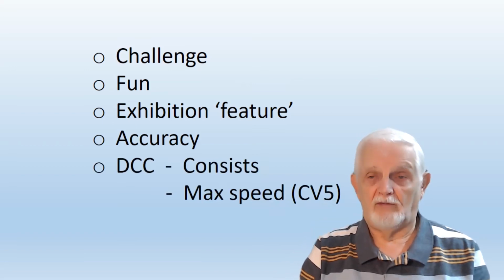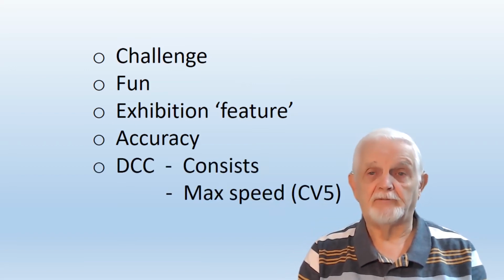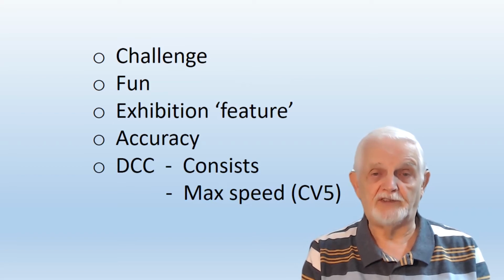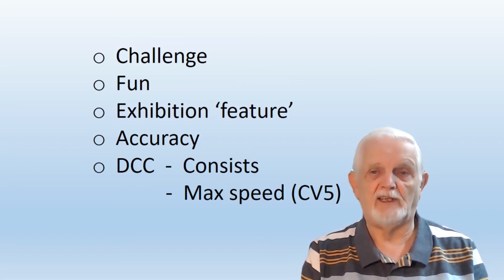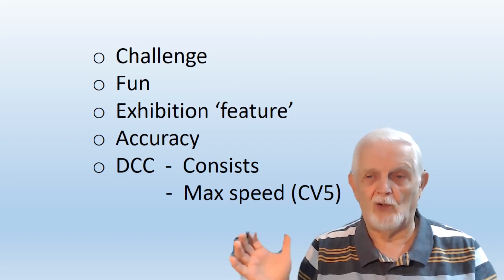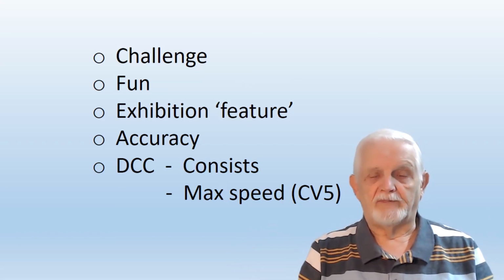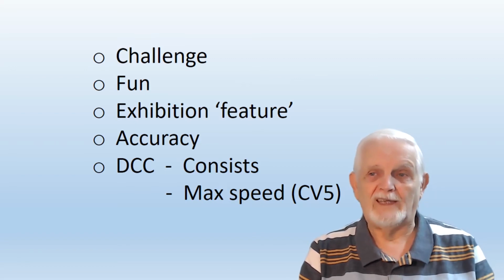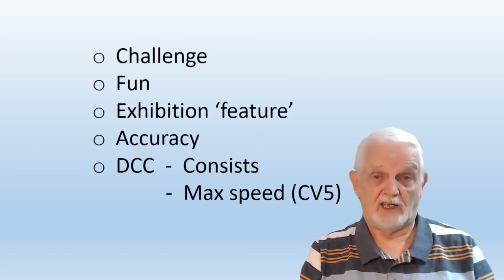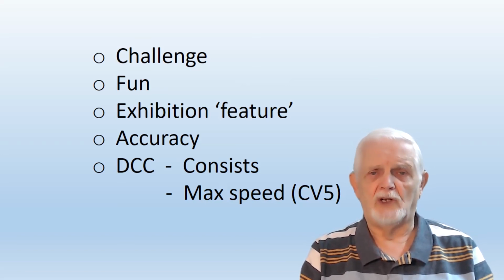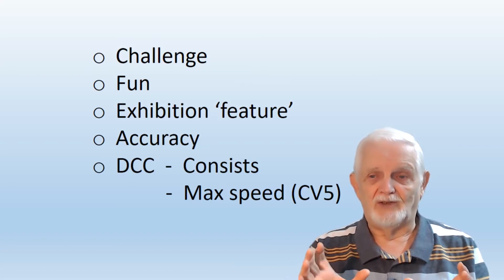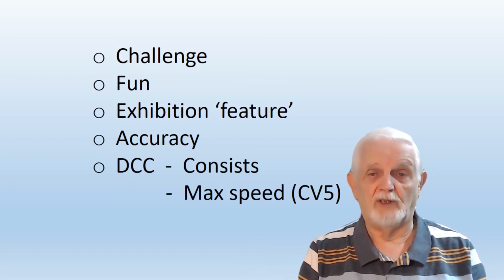Or you may have use for it in DCC. If you have consists of double headers, treble headers, when you have two or more locomotives pulling a long section of wagons, particularly in large layouts like American layouts that are huge, when you're pulling 20, 30, 40 coaches, you've got two or more locomotives doing it.